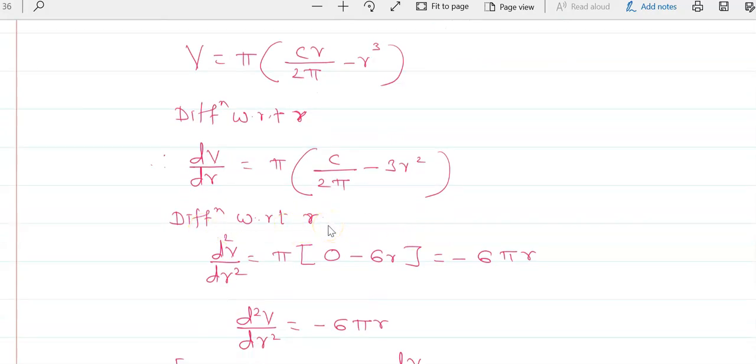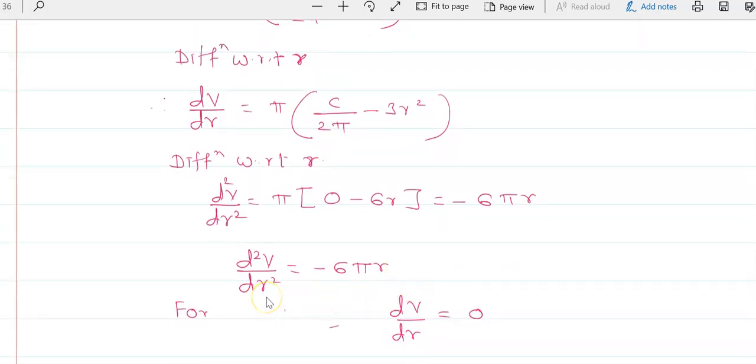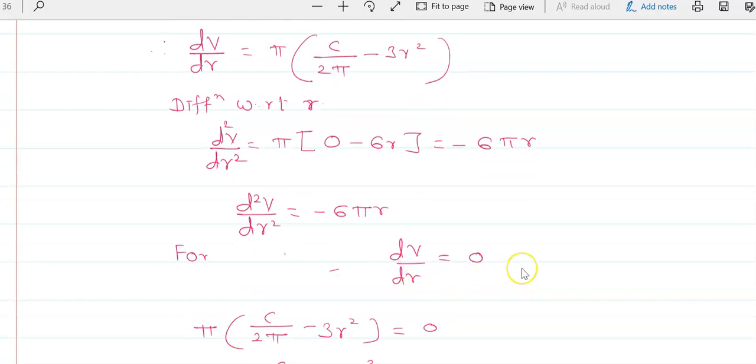Now differentiate again with respect to r, the second derivative. The derivative of c upon 2 pi is 0, and the derivative of 3r squared is 6r. That is, d2v upon dr squared is equal to minus 6 pi r, which is negative. This is the condition for the maximum. For the extreme values, we equate the first derivative to 0.